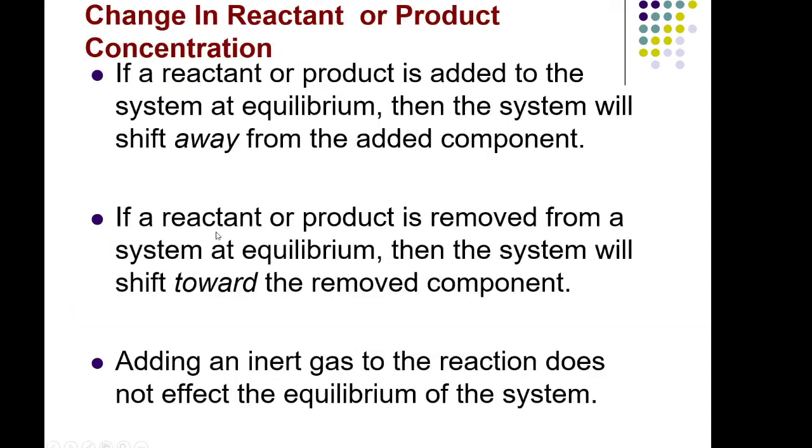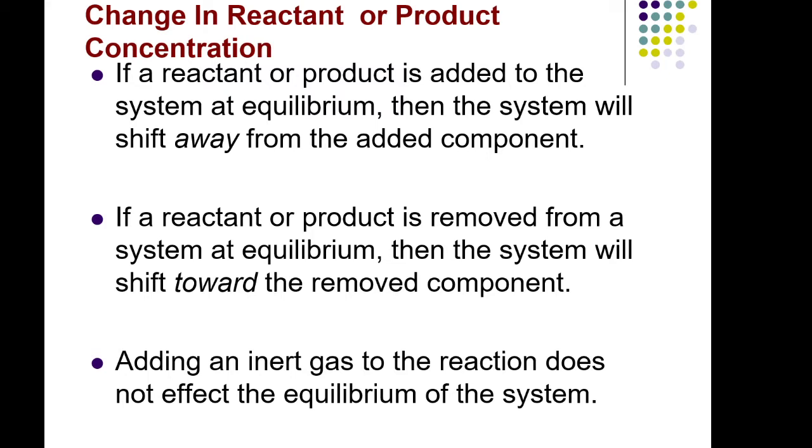There are certain rules and certain stresses that we can put on equilibrium using Le Chatelier's principle. The first is a change in concentration. This one to me is the simplest to understand. If I take a product away, my reaction is going to shift to replace that product.